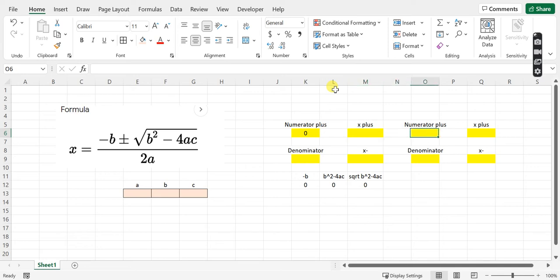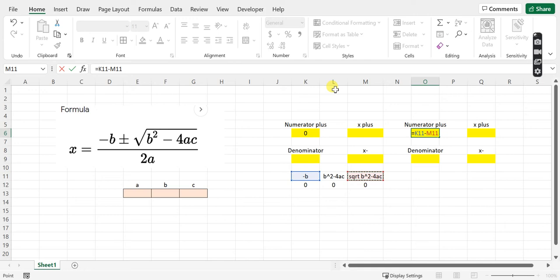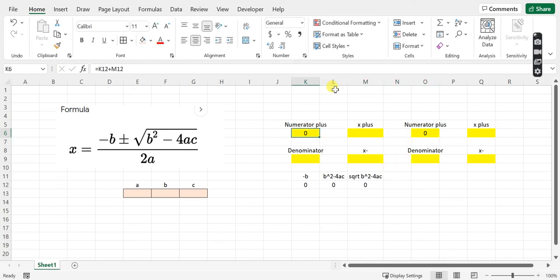And then over here, this will be minus b take, oops, wrong one, I need the number, this one, take this one here. And I'm just going to double check this one. Yeah, I've got the right cells. Okay, so I've got my numerator.